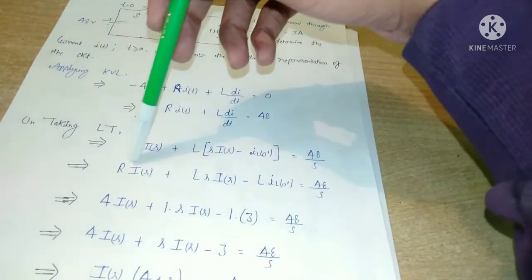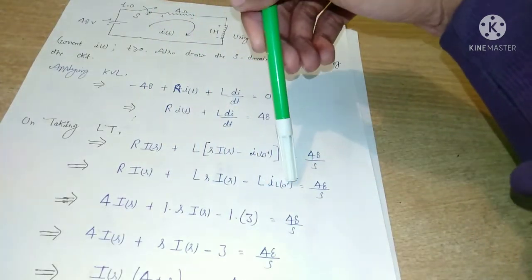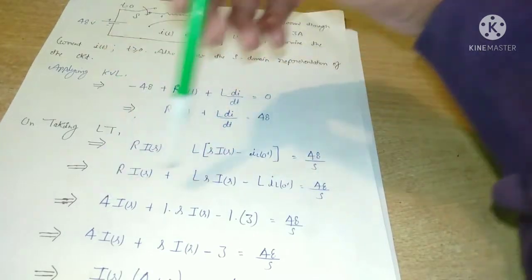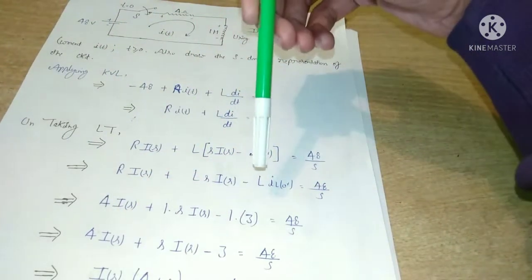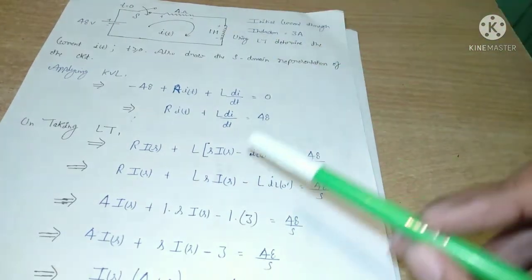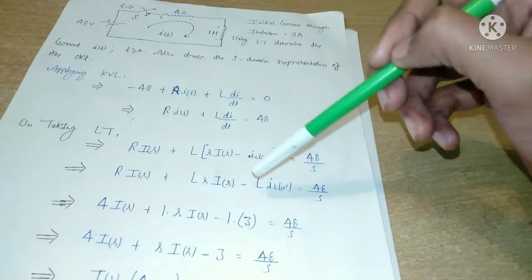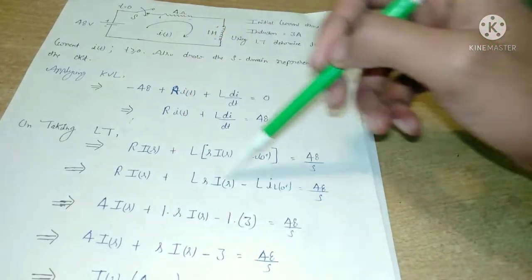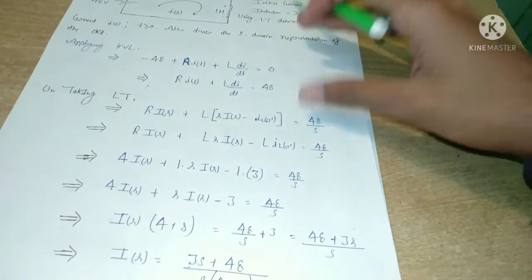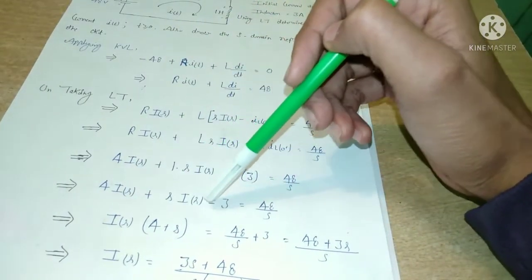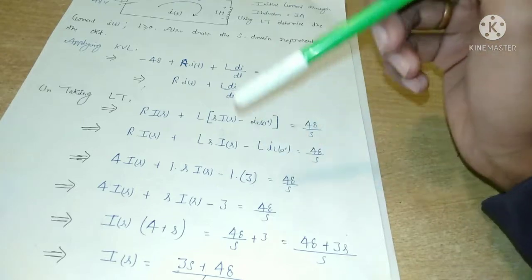Put in the values of R, L and i_L(0+). L is equal to 1 henry, R is 4 ohm and i_L(0+) is equal to 3 ampere. Substituting these values, we get s I(s) minus 3 plus 4 I(s) equals 48 by s.